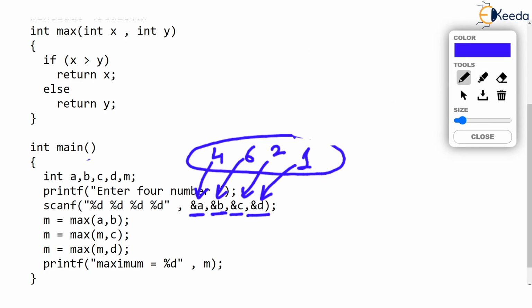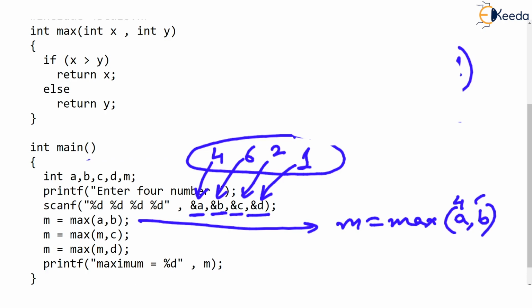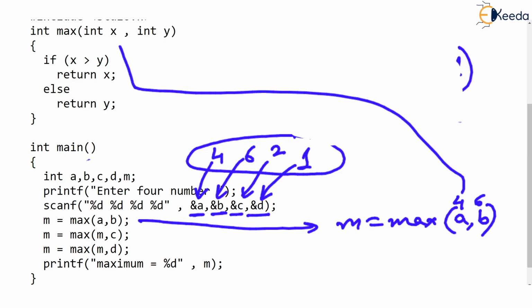Let's see the next line. User has entered A, B, C, D. Now what do you say about this line? Here we go. This is m is equal to max. So this is the call, and we are passing a comma b. Now notice a is 4 and b is 6, isn't it? That's the values entered by the user. So 4 will definitely go in x, so x will be 4, and b will definitely go in y, b will be 6.